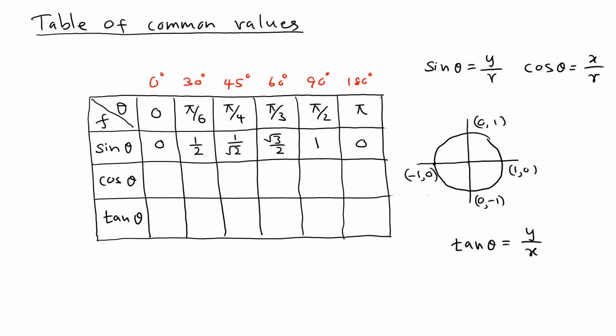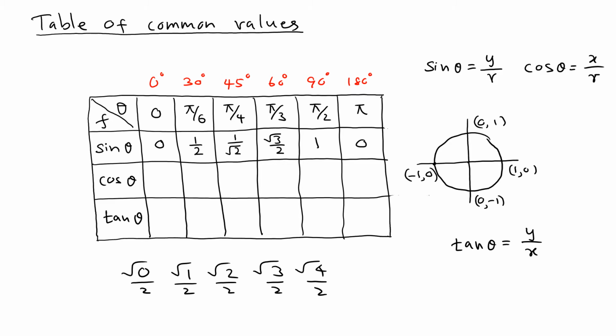We normally have the values for 0, pi over 6, pi over 4, pi over 3, pi over 2, and pi. Those values are given by 0, 1/2, 1 over square root 2, square root 3 over 2, 1, and 0. You remember how we get those values? We write the numbers 0, 1, 2, 3, 4, then take the square root and divide by 2.